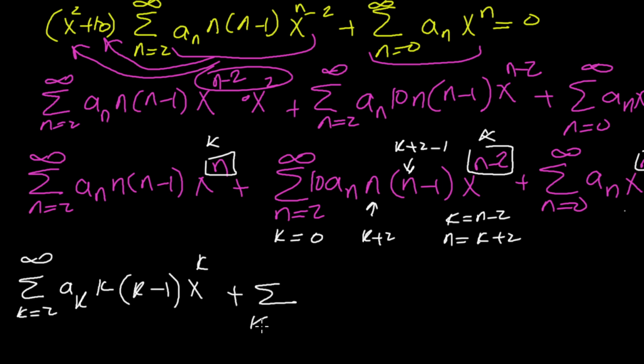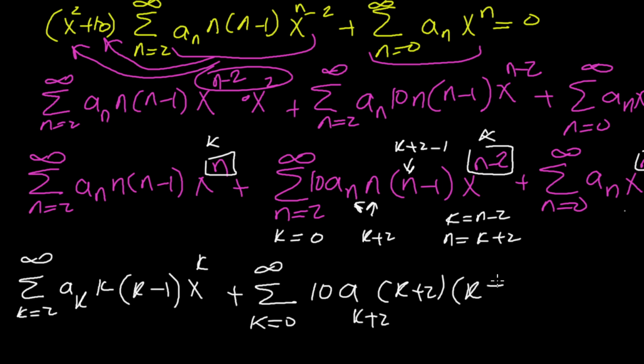This one changed to k equals 0 to infinity, 10 times a sub n, so a sub k plus 2, this is k plus 2, this is k plus 1, x power k, and this is just k. Alright, so we have good progress.